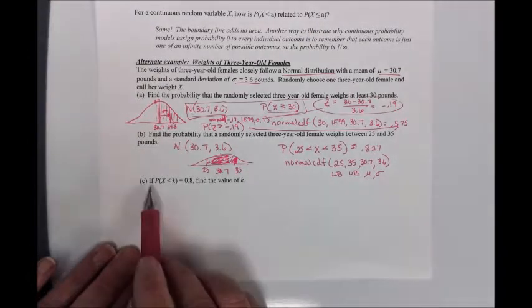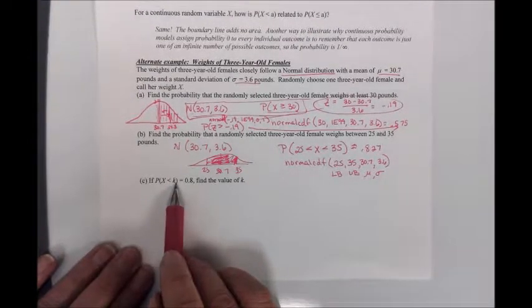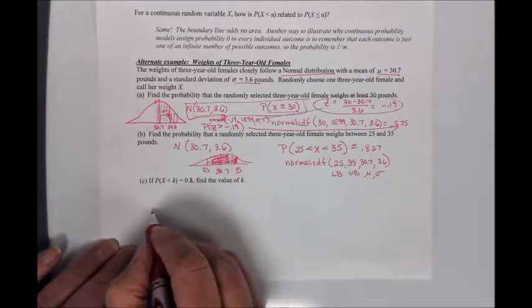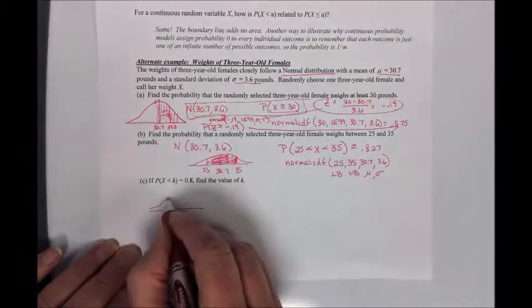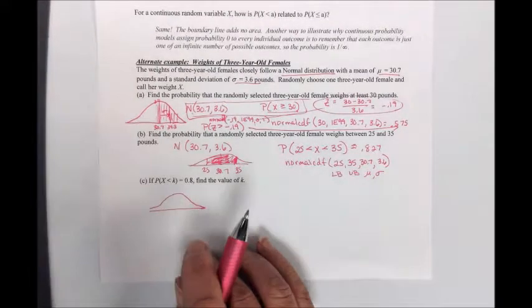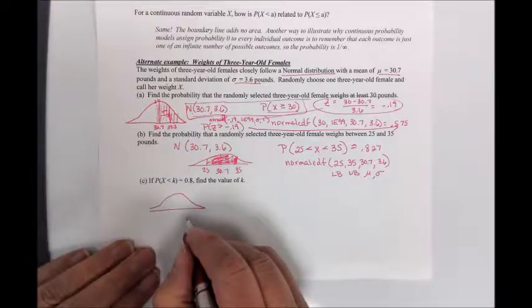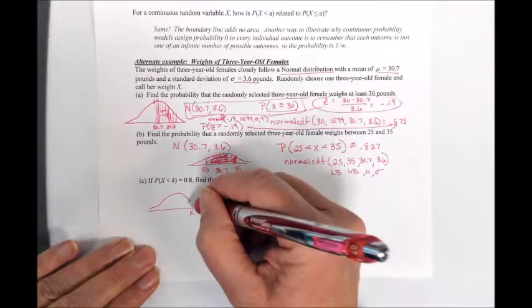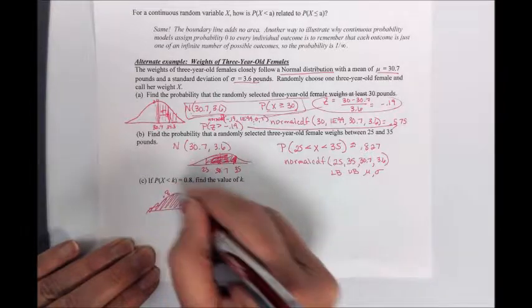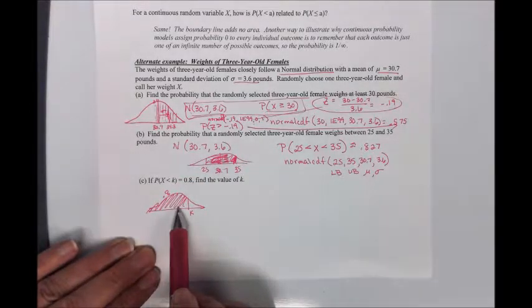Okay, now I want to know what the K is if the area is 0.8. I'm looking for a value K where the area below it is 0.8. I know that this is 80%.